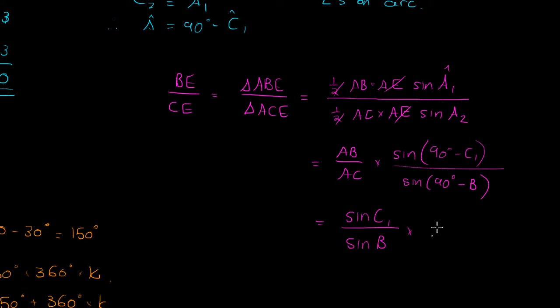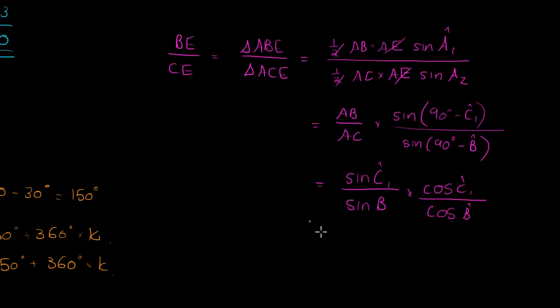And this side here is sine of 90 minus C1, we'll change the sine into a cos, is cos of C1, divided by, and this one is also changed into a cos of B, because of 90 minus. And that's it.